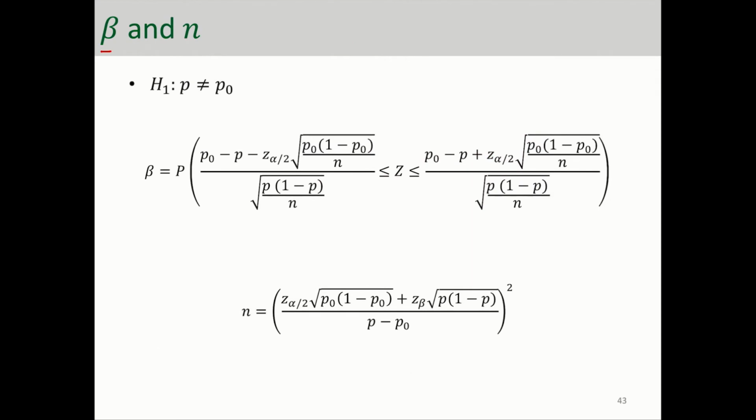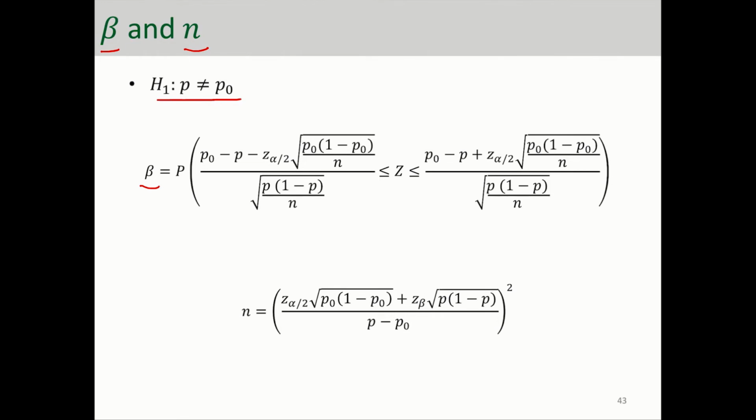So let's talk about probability of type 2 error, beta, and appropriate sample size when the test is a two-sided test. When we have a two-sided test, we can calculate the probability of type 2 error by calculating this probability. This is a little too big, but it's not really that bad.